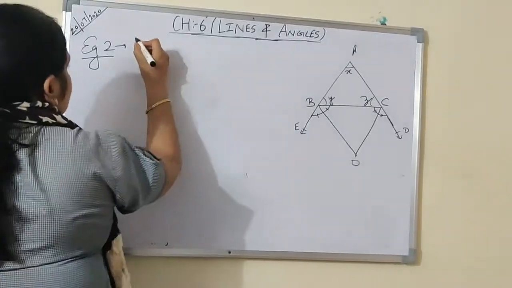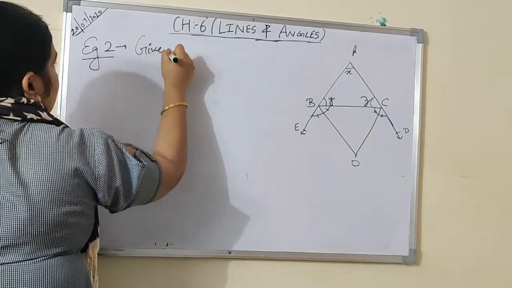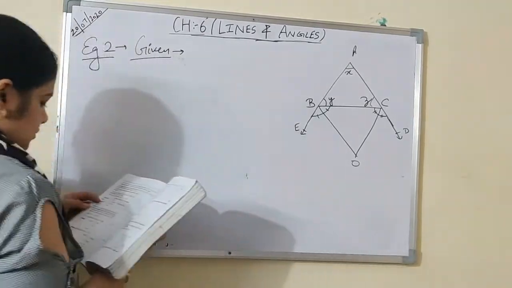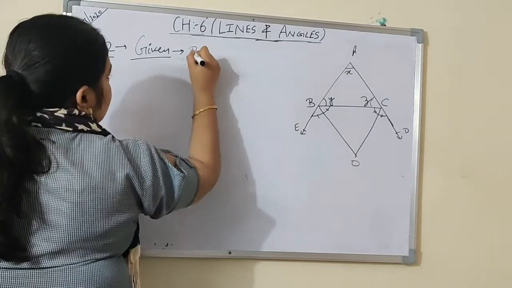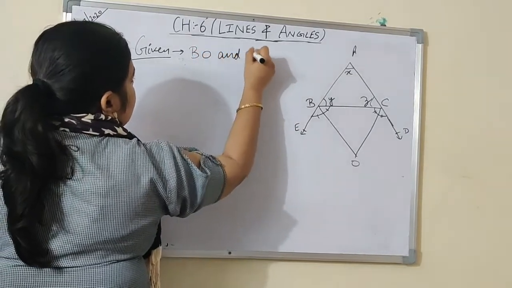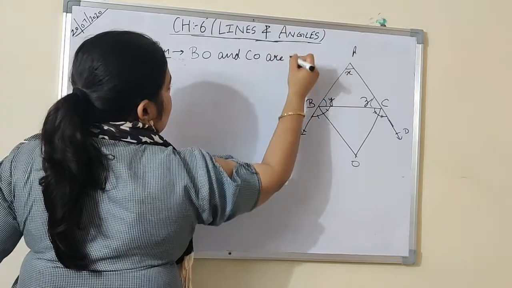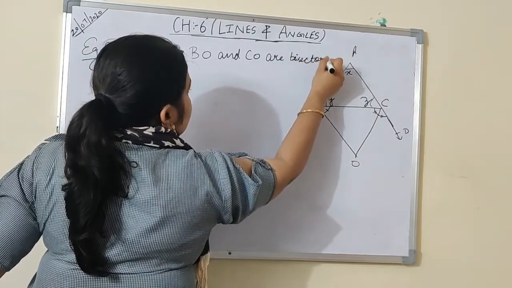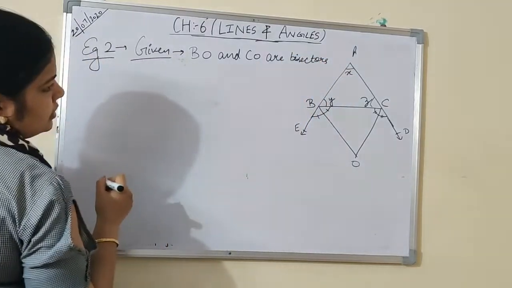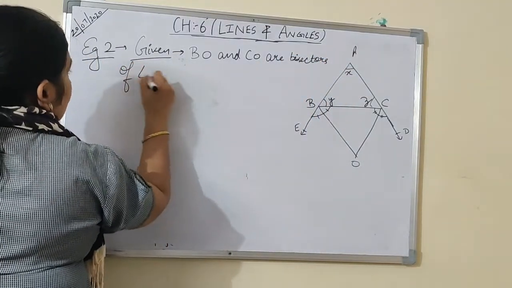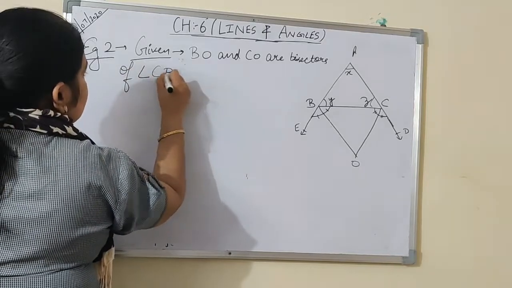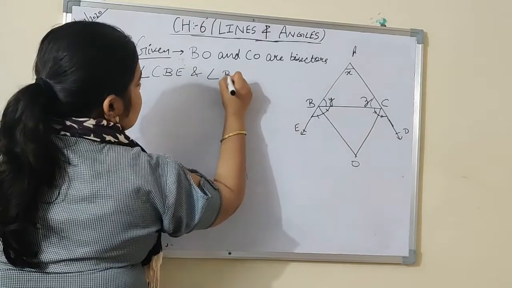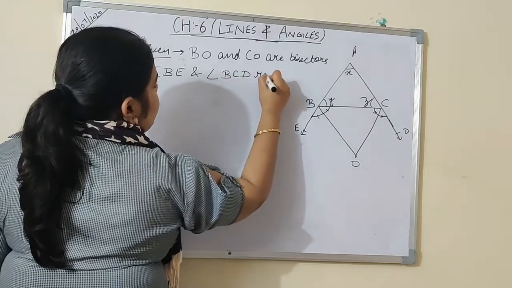So I am writing the given first. What is given to us? That BO and CO are bisectors of angle CBE and angle BCD respectively.